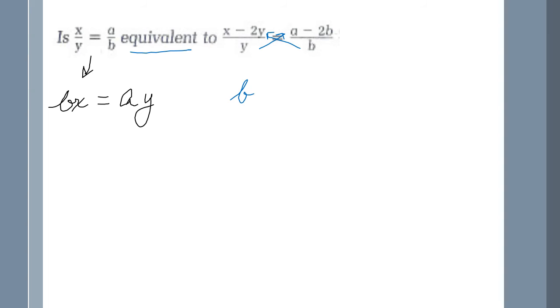So b times x minus 2y equals y times a minus 2b.